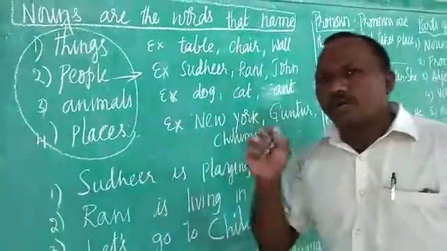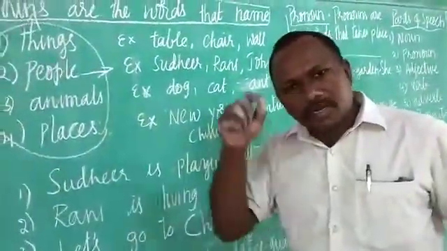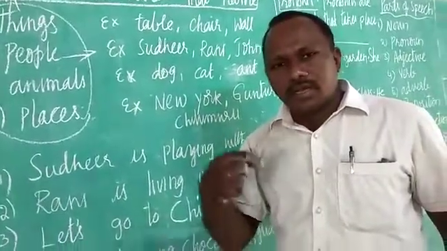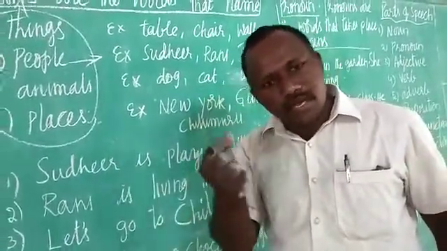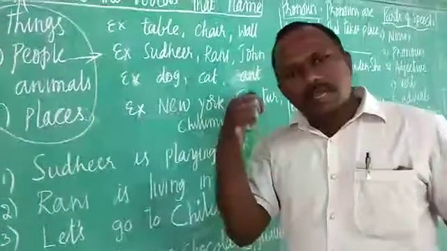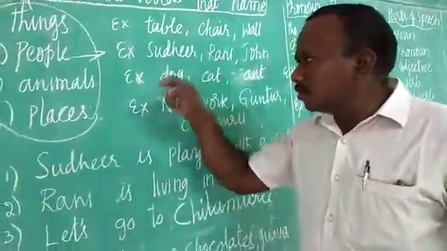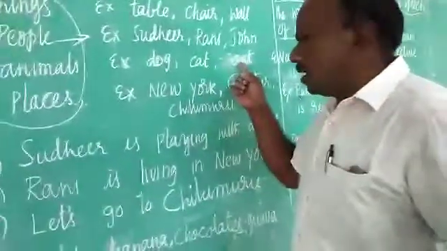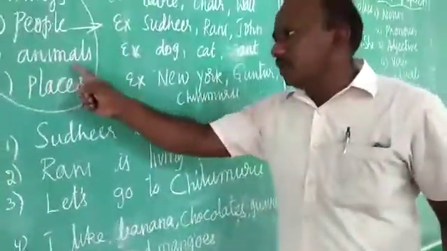Take the small one, that is ant. Take the biggest animal, that is elephant. Small animal to big animal, when you give name to them, these animals will come under nouns. I wrote some examples here: dog, cat, ant, elephant, etc.